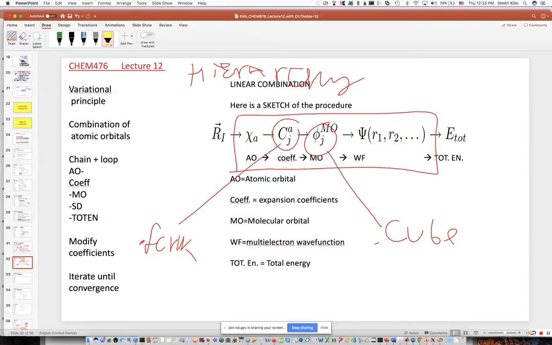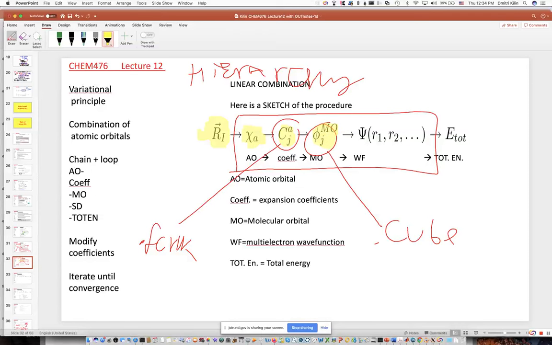And the procedure of the Hartree-Fock theory will be, here is the assembly line. When we write the calculation, we start with the positions, the atomic coordinates of all atoms in the system. Then we already know from tables the atomic wave functions around each atom. Then one needs to get somewhere these expansion coefficients. With the expansion coefficients, one can form molecular orbitals.